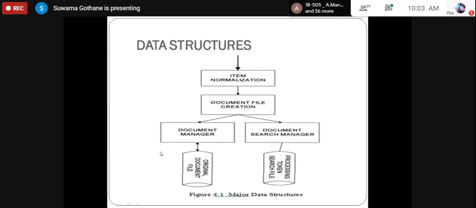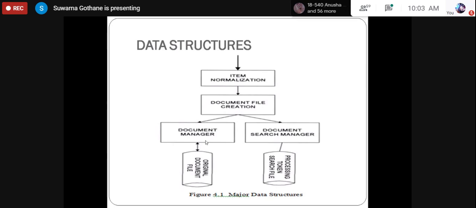Here the data structure plays a key role as a document manager. Here we will have an original document file. The original document file is nothing but the file which is available at the server end. All the data from different sources which is available at the server end is called the original document file.